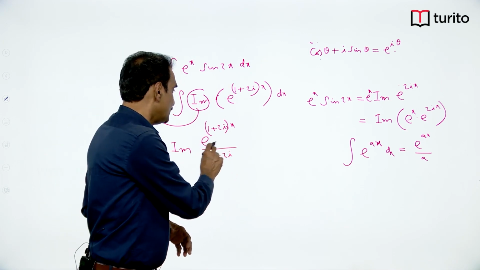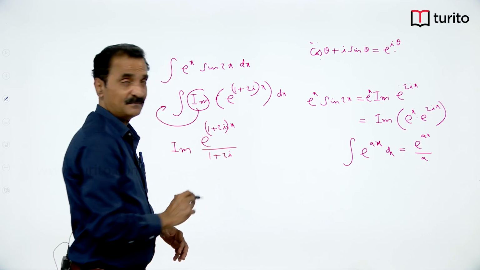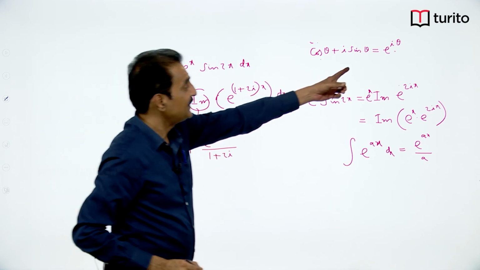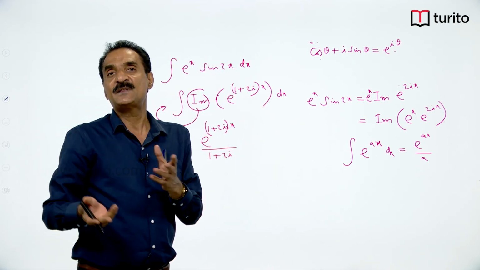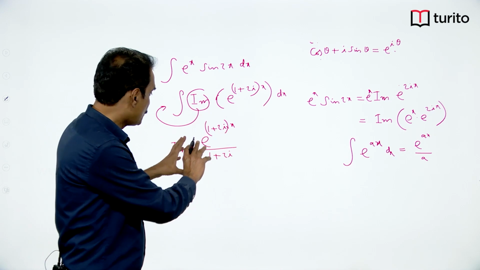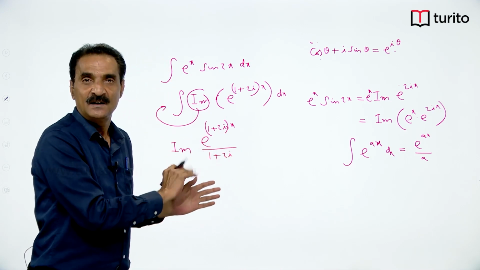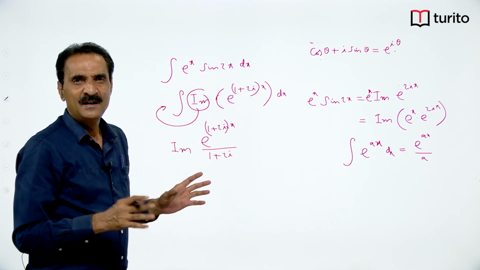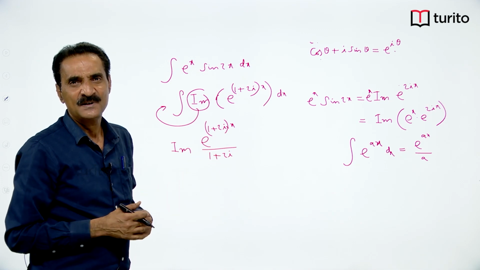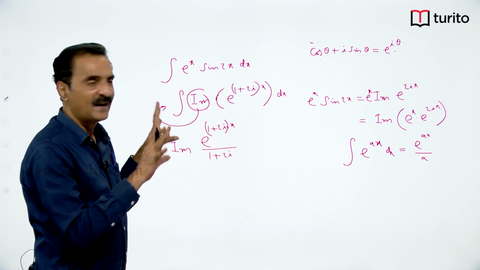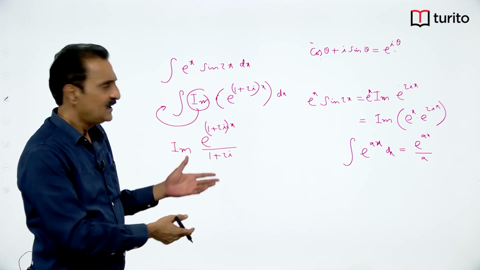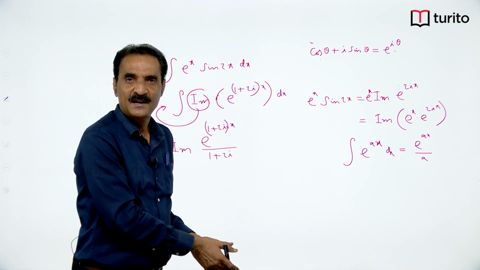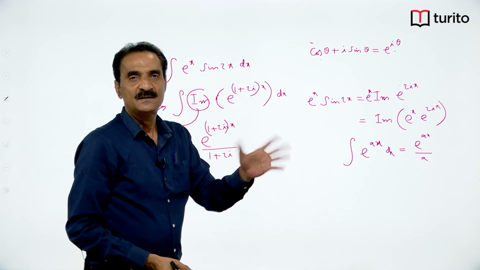Now, this is in the form of e power i theta, so cos theta plus i sin theta. Those who are familiar with complex numbers know how to find the imaginary part of this and they can finish. Many of you do not know about complex numbers, so I am just giving the idea of how to solve it in a different method by using complex numbers. If you find the imaginary part of this, you will get the same answer.